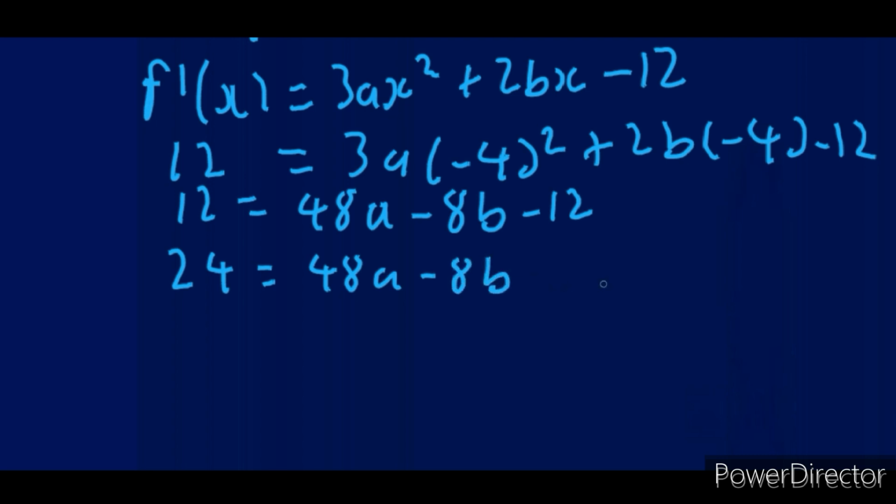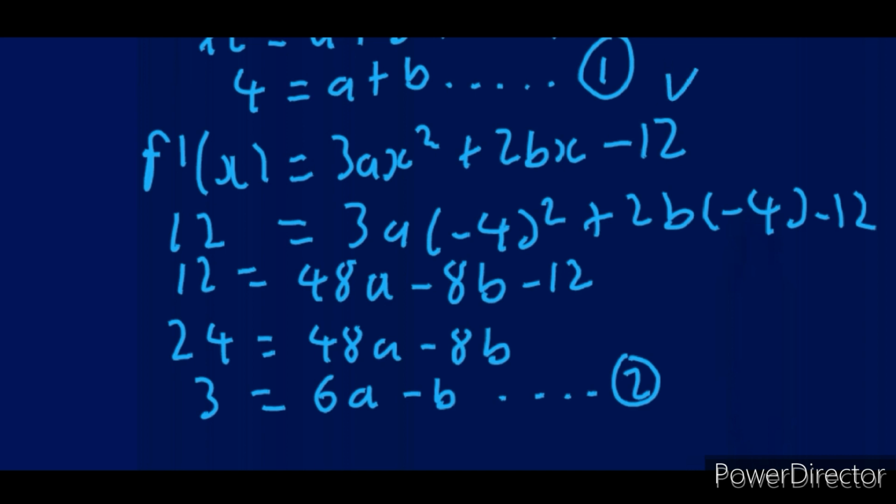You can call this equation 2, but I'm just going to simplify it. I noticed that everything here is divisible by 8. So 24 divided by 8 is 3, and then 48 divided by 8 is 6. 8b divided by 8, of course, we're going to have b. So this is going to be my equation 2.